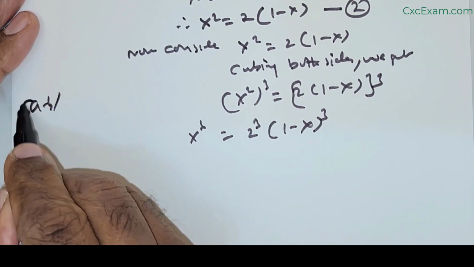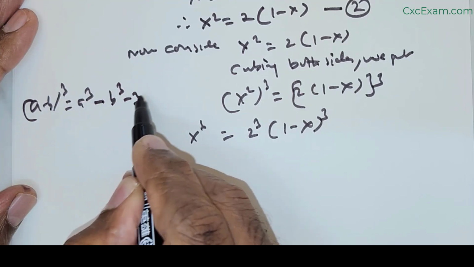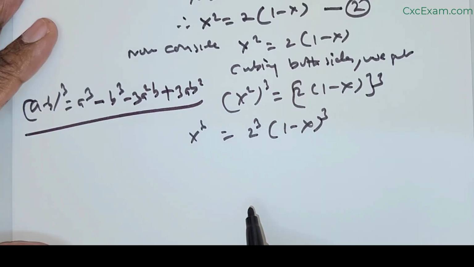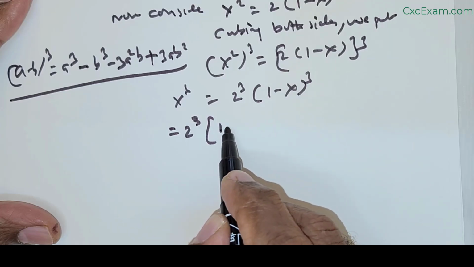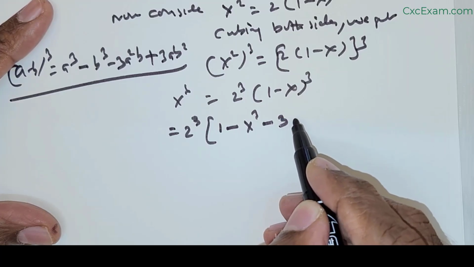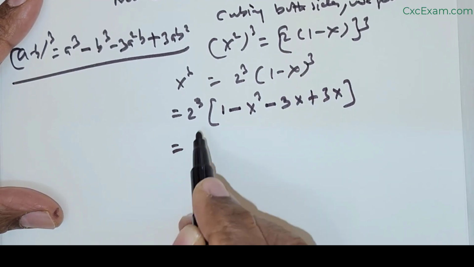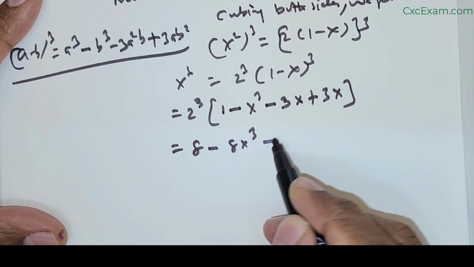What is that? (a − b)³ = a³ − b³ − 3a²b + 3ab². So by that formula, this is going to be 1³ − x³ − 3 times 1² times x + 3 times x.